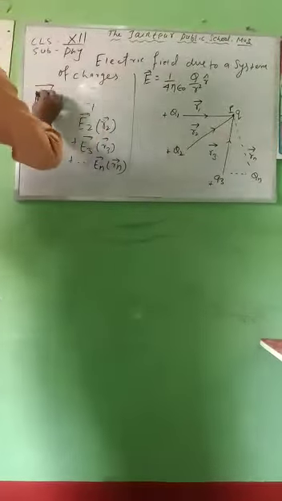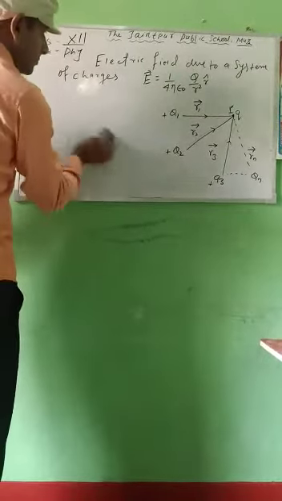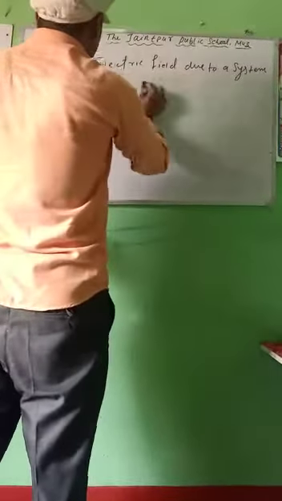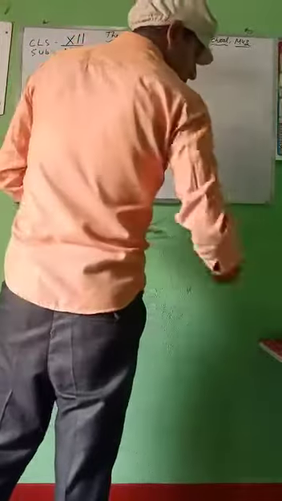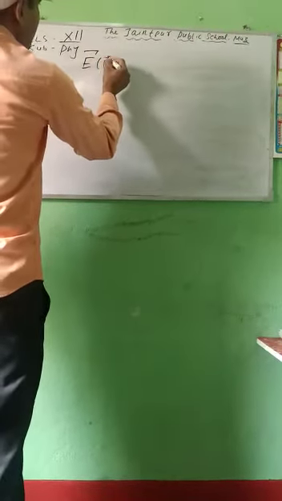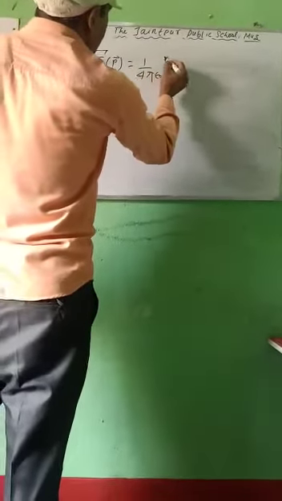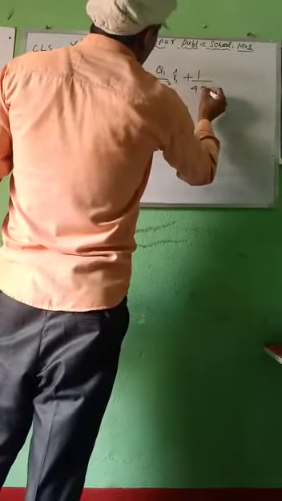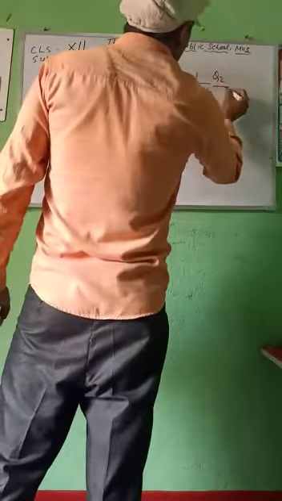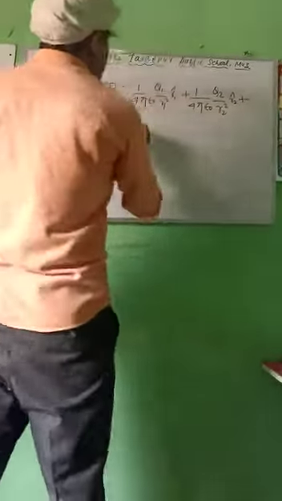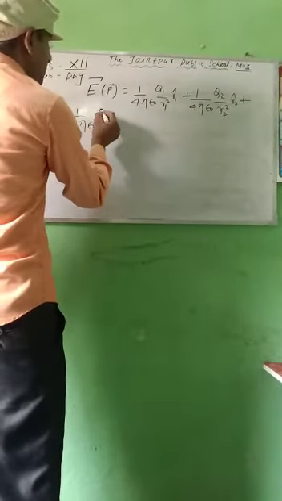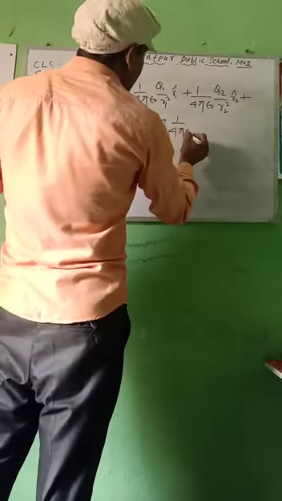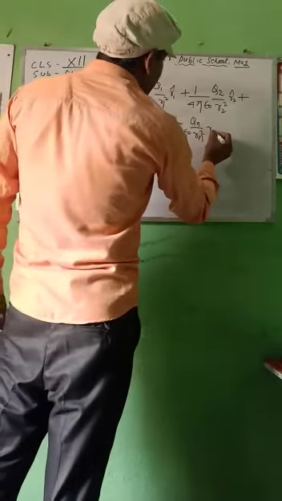So here E at P is equal to 1 by 4 pi epsilon naught, Q1 by r1 square, r1 unit vector, plus 1 by 4 pi epsilon naught, Q2 by r2 square, r2 unit vector, plus 1 by 4 pi epsilon naught, Q3 by r3 square, r3 and so on, 1 by 4 pi epsilon naught, Qn by rn square, rn unit vector.